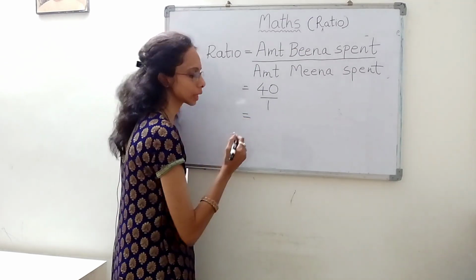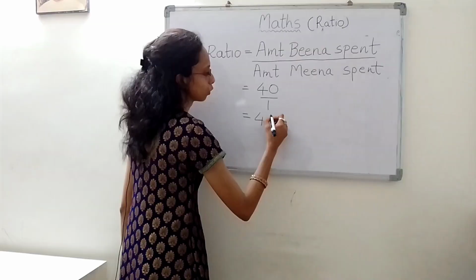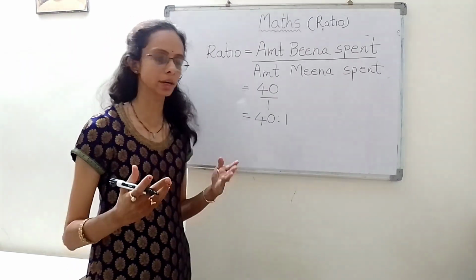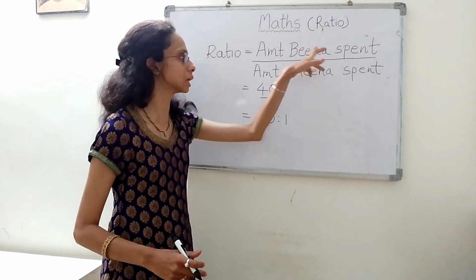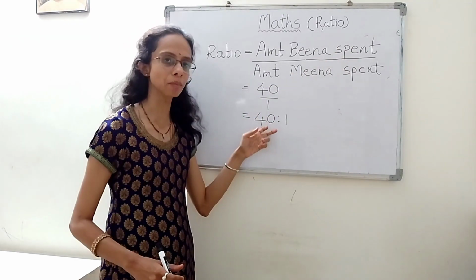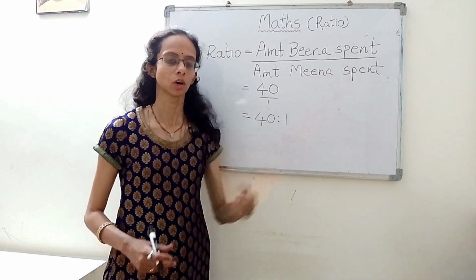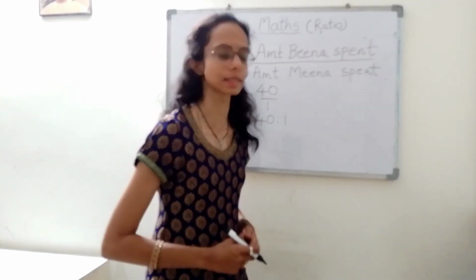It can also be written as the ratio 40:1. That means, as we already know, the amount which Beena spent is 40 times bigger than the amount Meena spent. Okay. Let us learn another example.